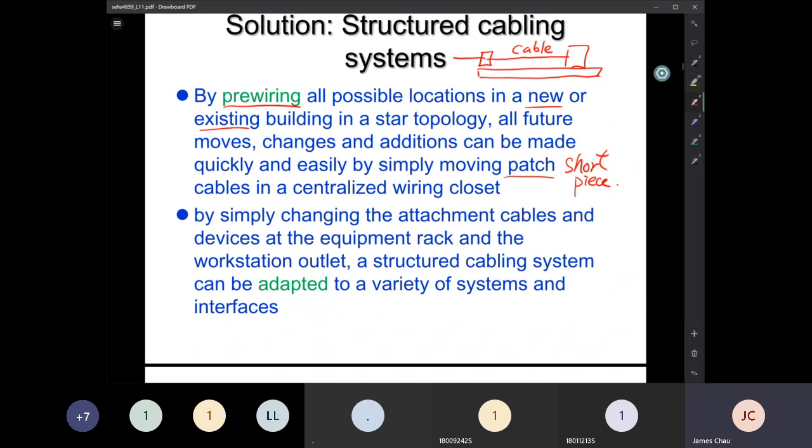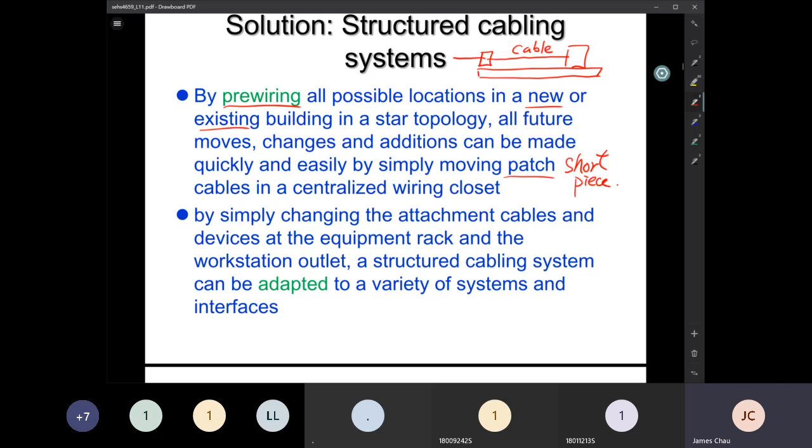This is our configuration. What you are going to do is make a cable connection between the socket and your system, and then you can connect your system to the network.